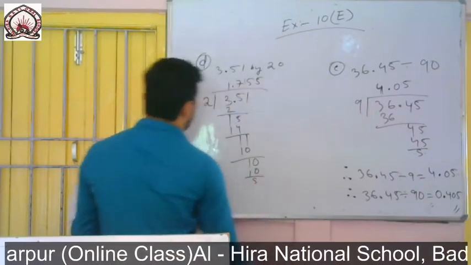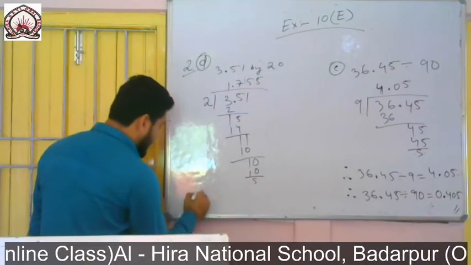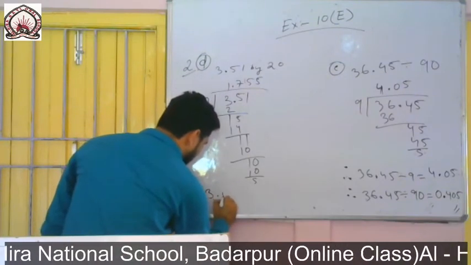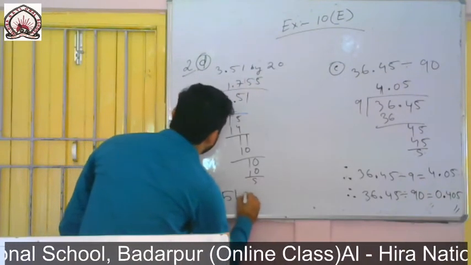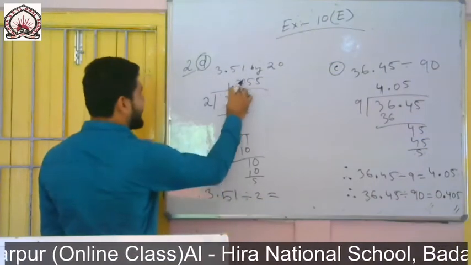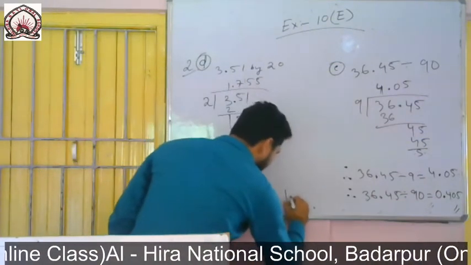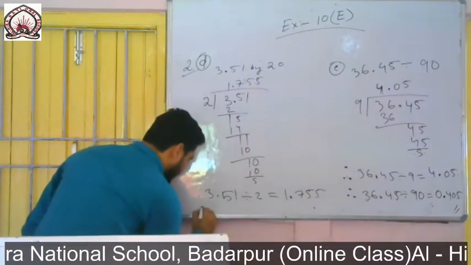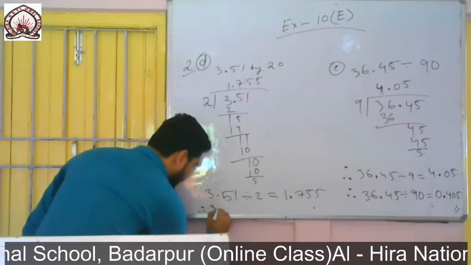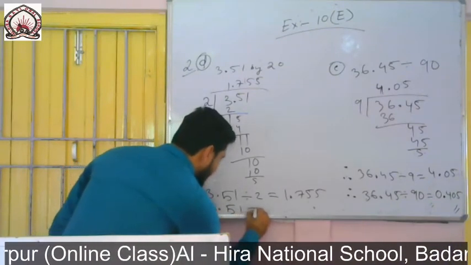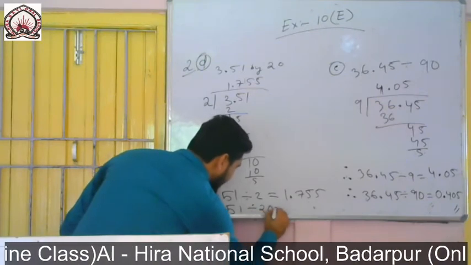Okay, so write therefore 3.51 divided by 2 equals to what? We are getting 1.755. Therefore 3.51 divided by 20 will be what?